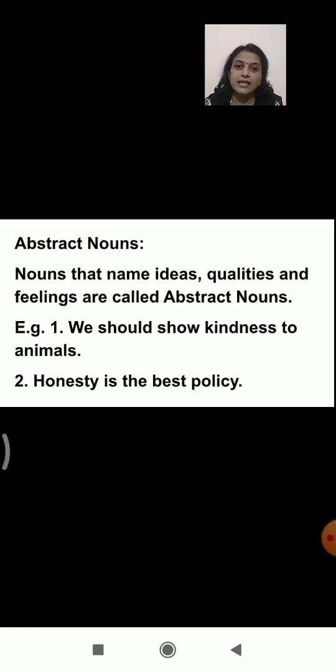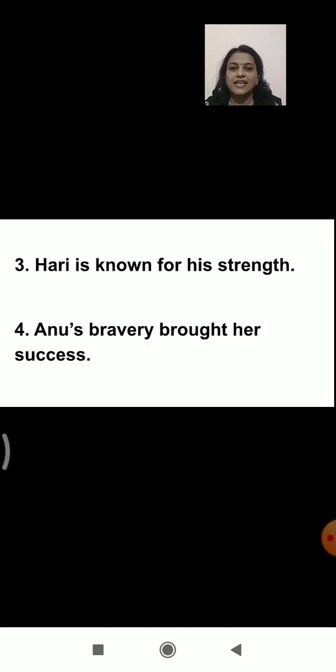Now in this sentence, which word? Honesty, right? Then the third one, Hari is known for his strength. Now here which word? Strength, right? Again this is a quality.